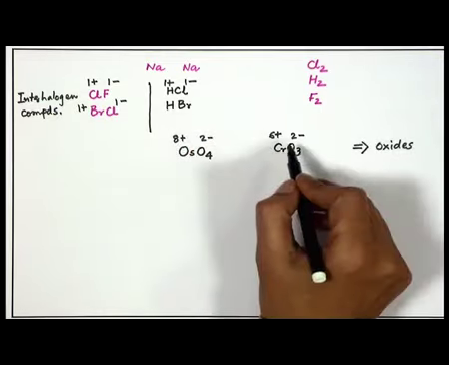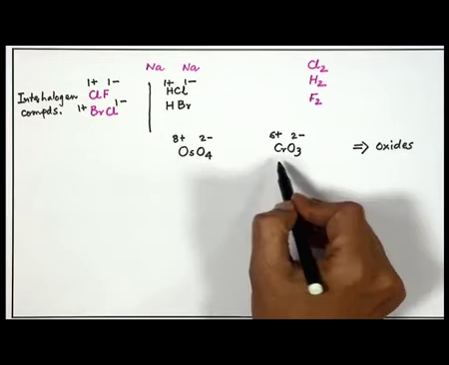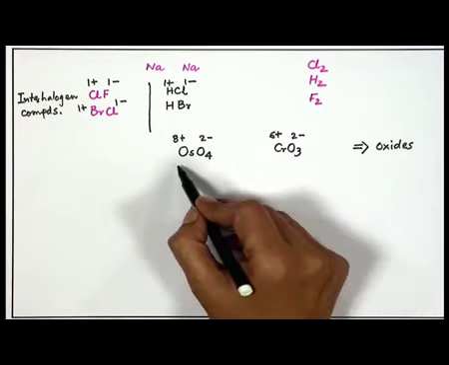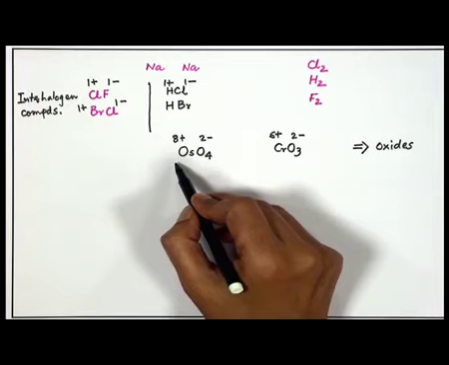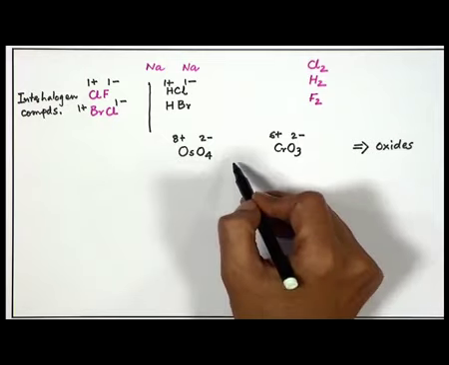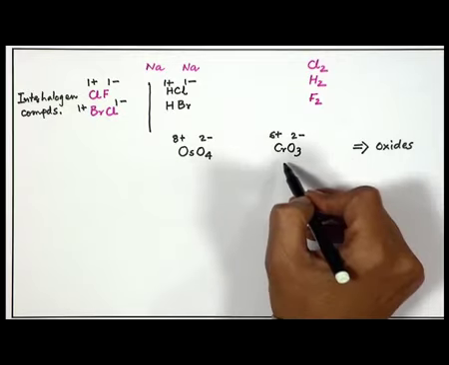Reaching these oxidation states starting from chromium 0 or osmium 0 is not so easy, because the loss of 6 electrons here and 8 electrons here will take us from osmium 0 to osmium tetroxide, and similarly from chromium 0 to chromium trioxide.